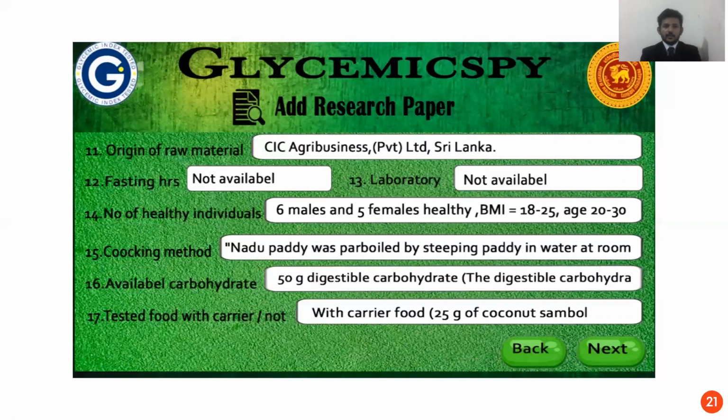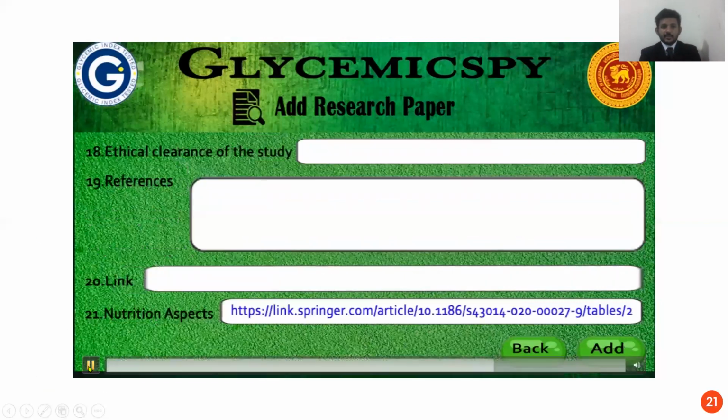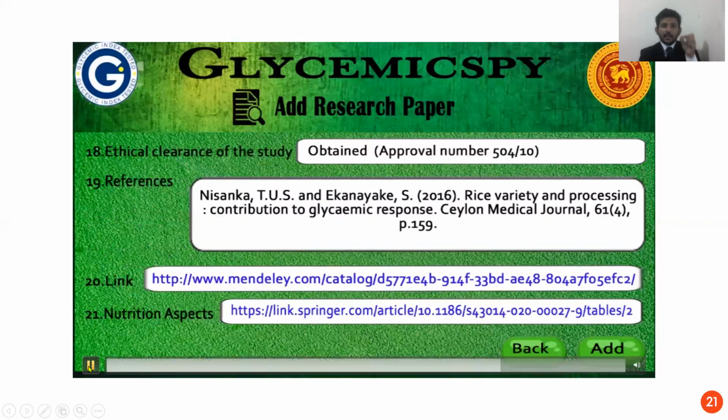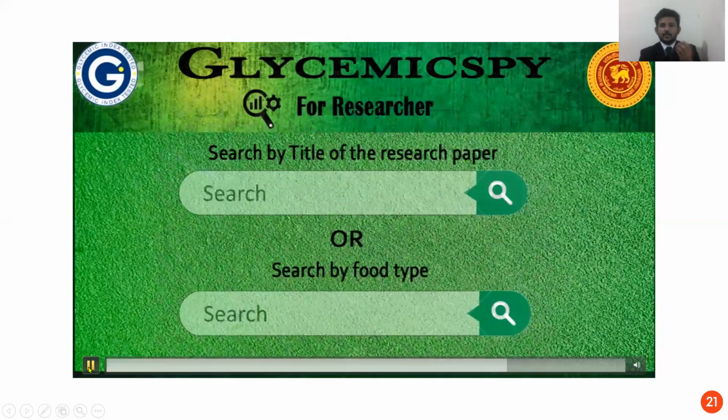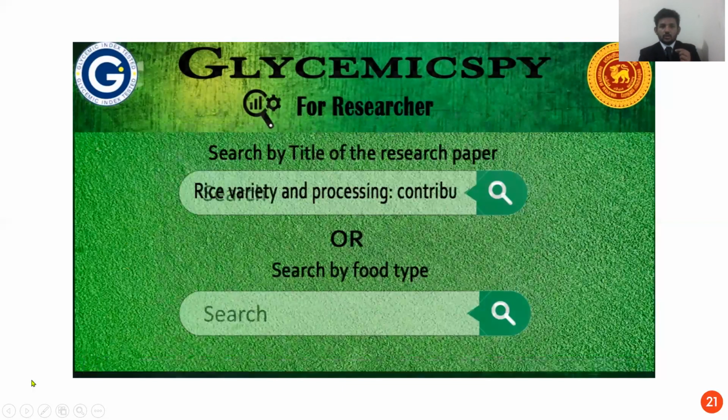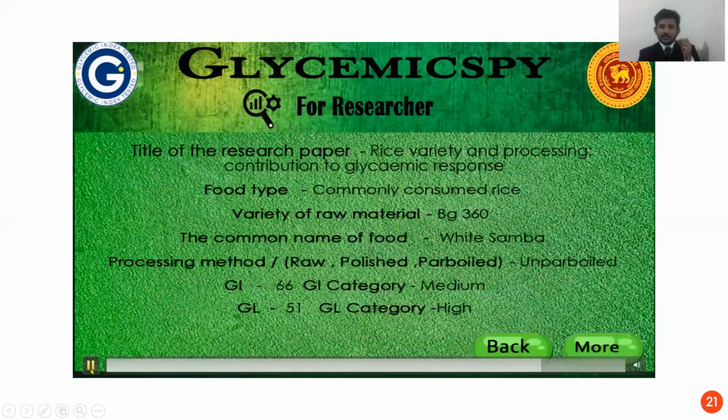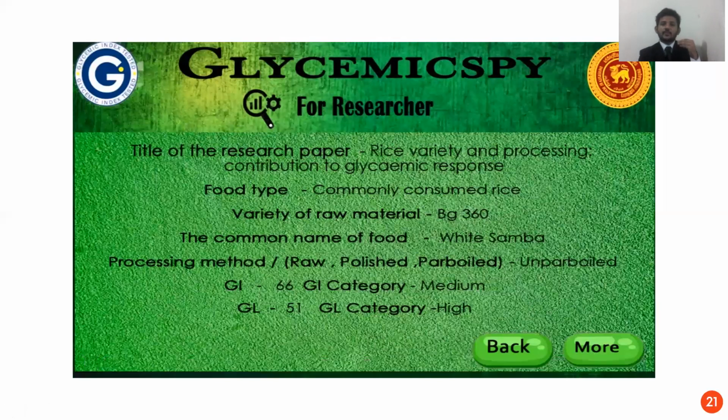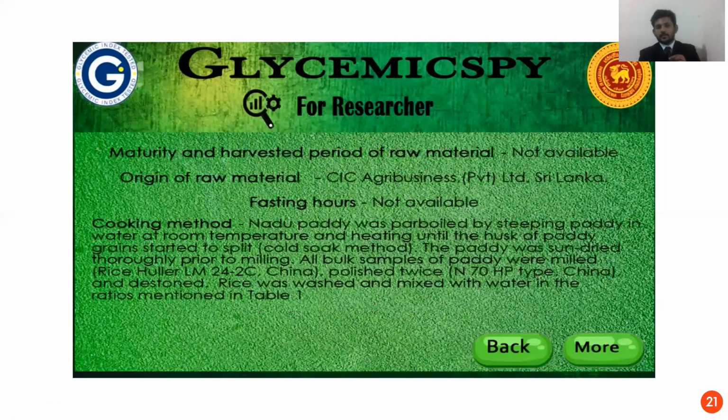Not only that, the researcher can search any food item to get the GI information, and can also use the title of the research paper. The benefit is that the researcher can get all the ideas without reading the abstract of any research paper.